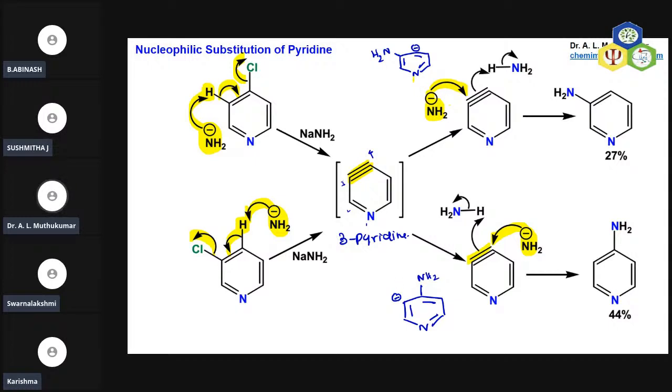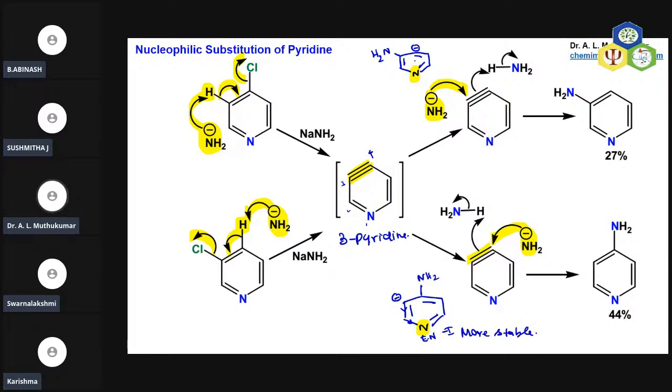I already said that nitrogen is a more electronegative atom. That is, it is considered to be an electron withdrawing group. So this anion is close to this electron withdrawing group. This is an electronegative atom. It will easily pull this electron towards itself by the minus I effect. This anion is close to this electronegative atom, so this anion is more stabilized.